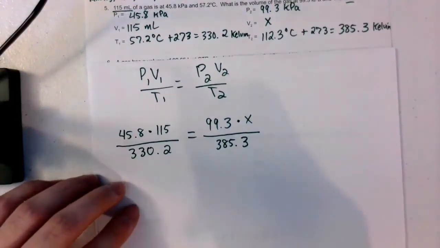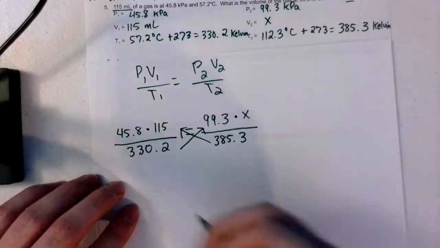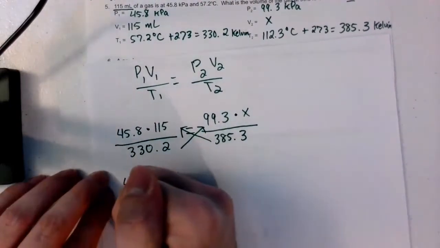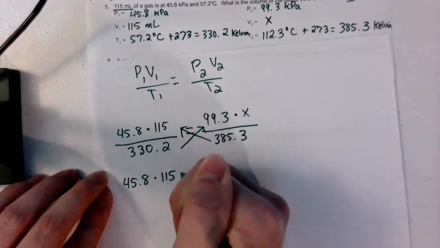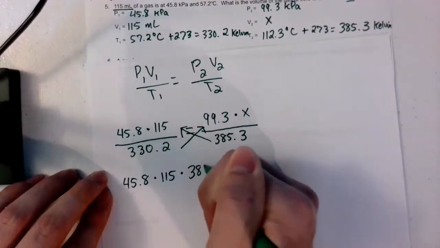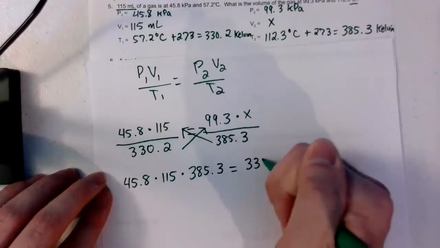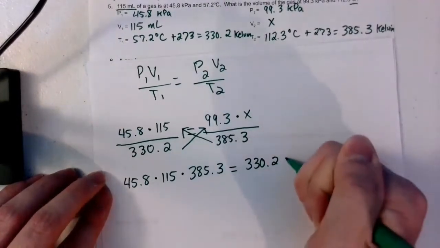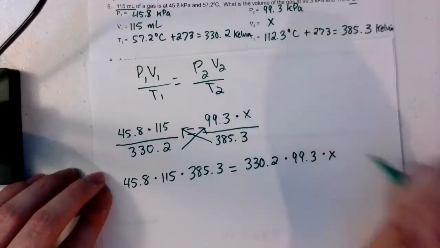The easiest way to solve this is just to cross multiply like so. On the left side, I'm going to have 45.8 times 115 times 385.3 equals 330.2 times 99.3 times X.